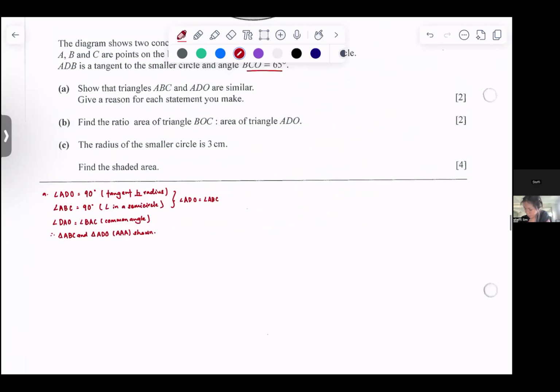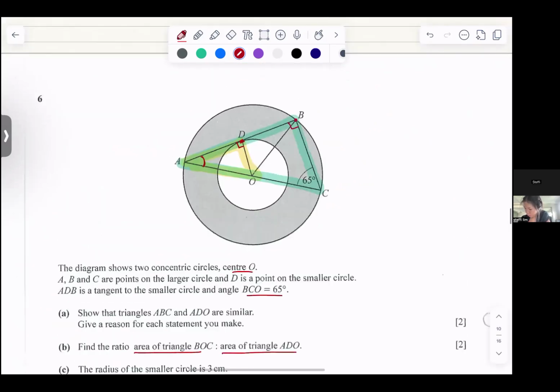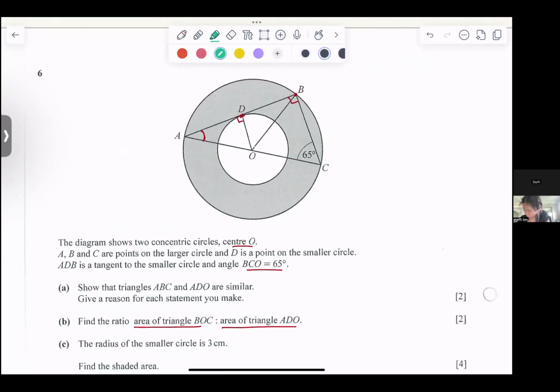So part B: find the ratio of the area of triangle BOC to the area of triangle ADO. Okay, so I'm just going to remove all these markings. They want you to find the ratio of the area BOC, green, to ADO, yellow. What is a common thing that they share?